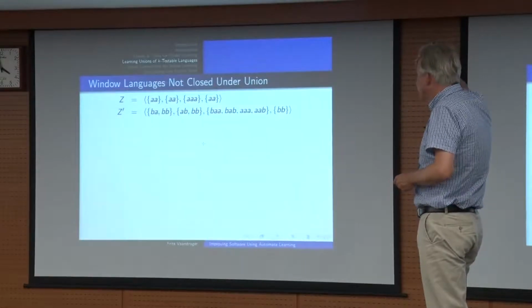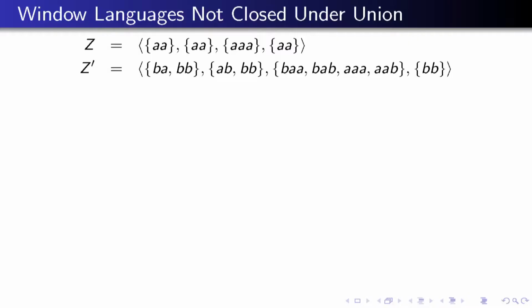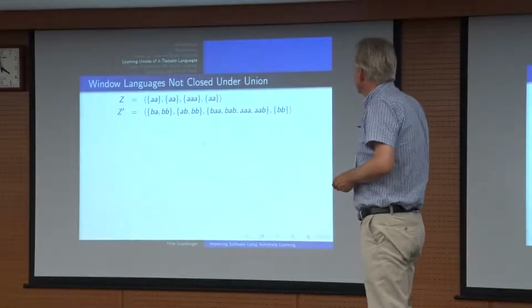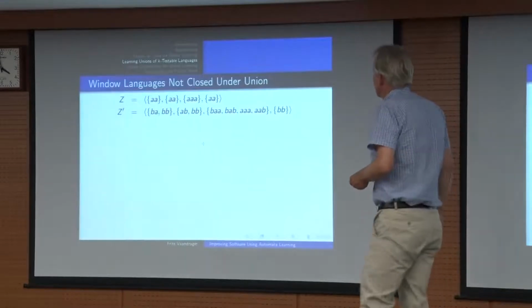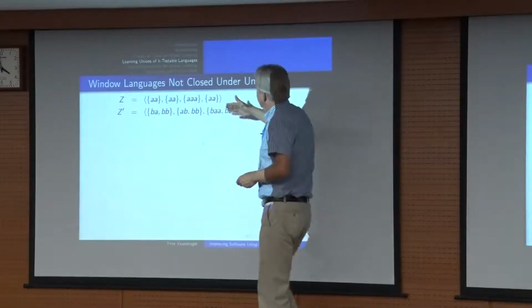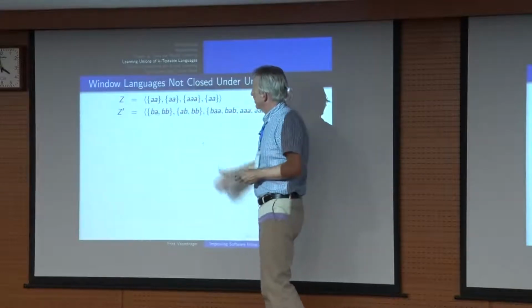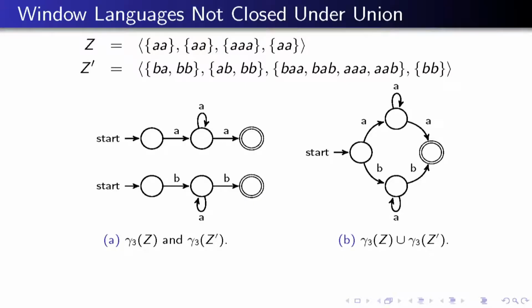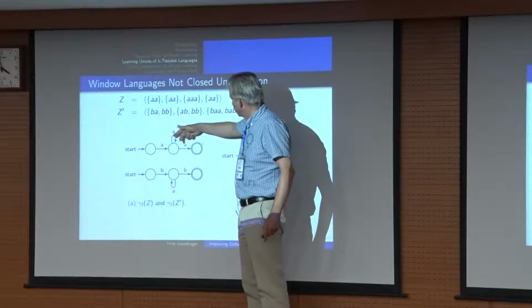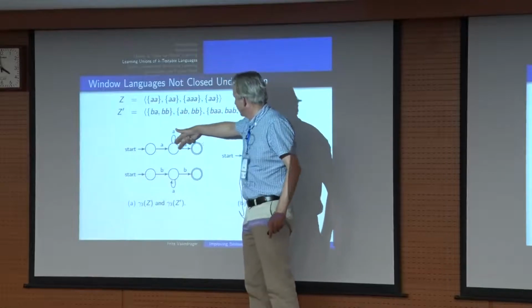So window languages, and this was also known, are not closed under union. Regular languages are closed under union, but window languages are not. So here's an example. Here I give two test vectors, z and z prime. Z corresponds to this language.